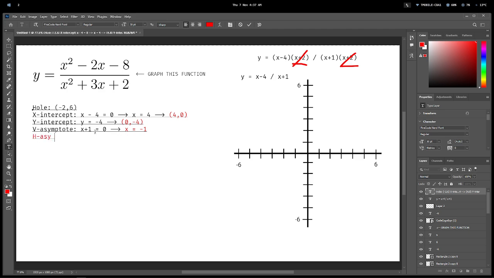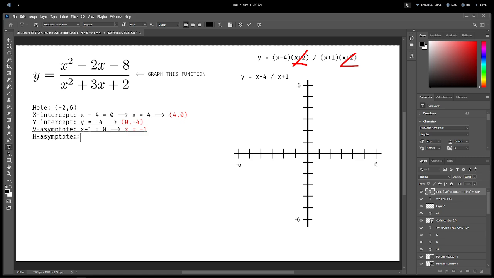Let's find our horizontal asymptote. To find the horizontal asymptote, you will utilize BOBO BOTTOM HDC. BOBO is bigger on bottom, and bottom is bigger on top, and HDC is equal degrees on both top and bottom. In our function, we have HDC because our degrees are both equal in top and bottom.